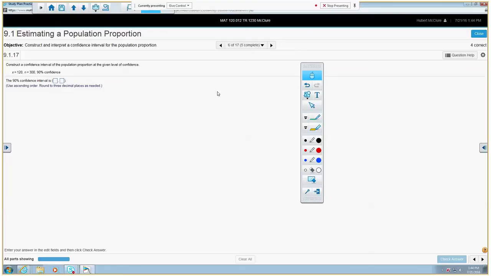The proportional interval is 0.35348 to 0.44652. Who's in?